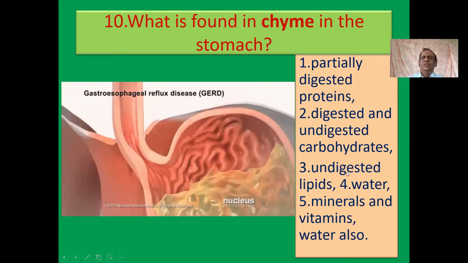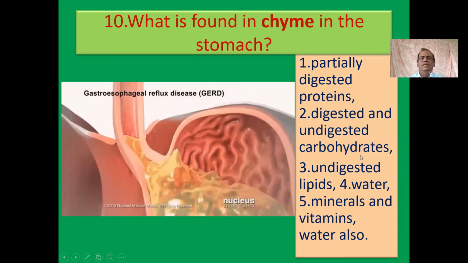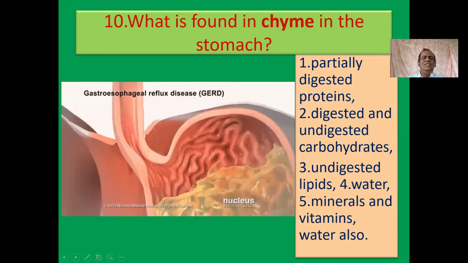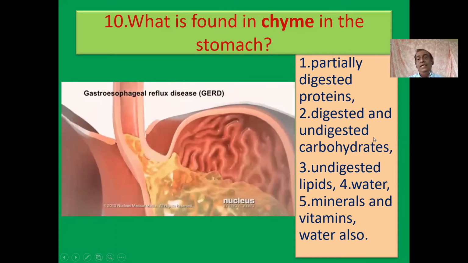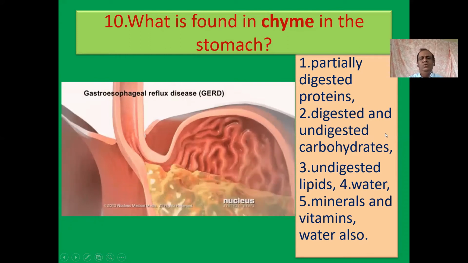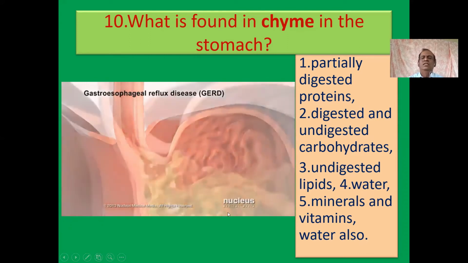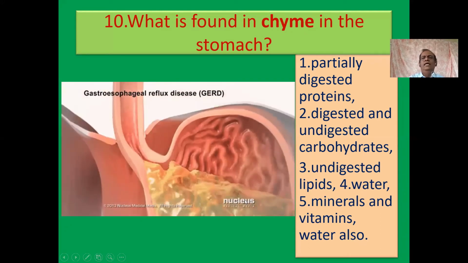Second one, the digested and undigested carbohydrate. Third one, undigested lipid, because lipid digestion has not started. That one starts in the duodenum. And you know some other materials such as water, minerals, and vitamins are there. These are the components of the chyme.